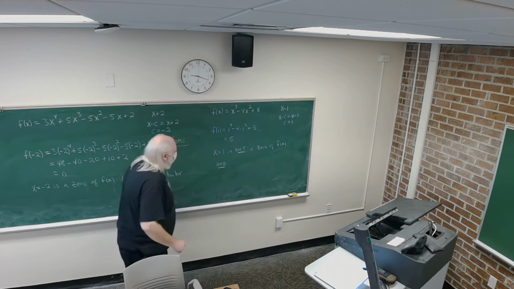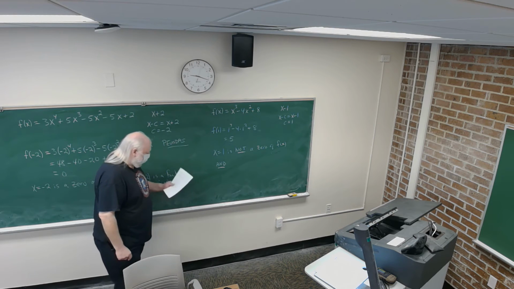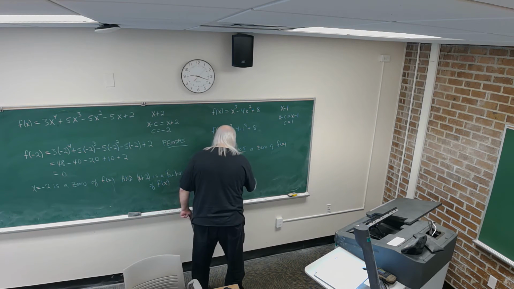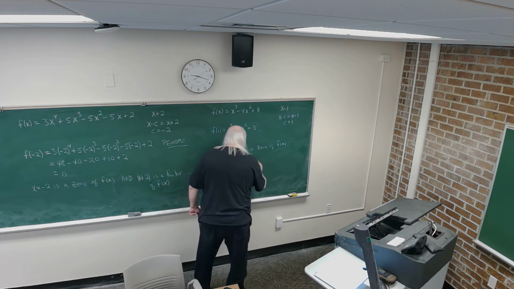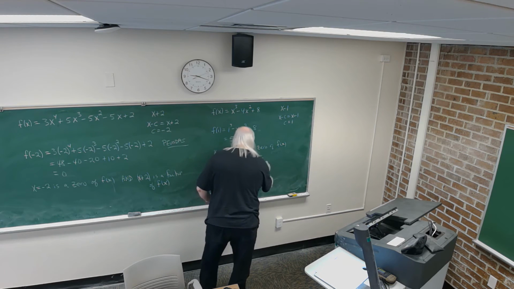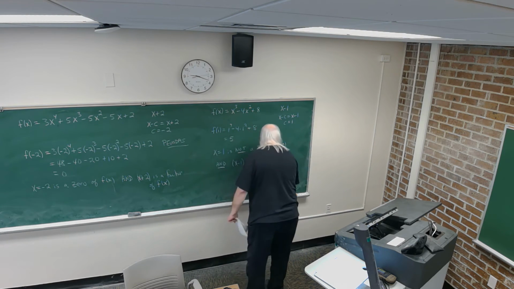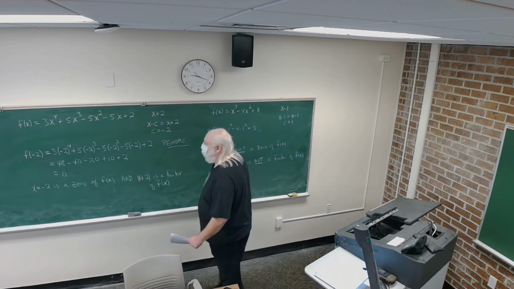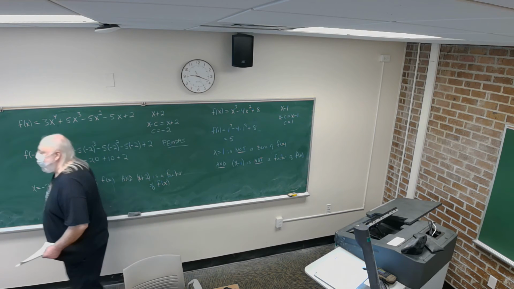So x equals 1 is not a 0 of f of x, and x minus 1 is not a factor of f of x. That's what we can conclude from the factors there.